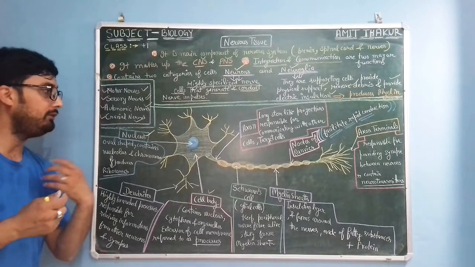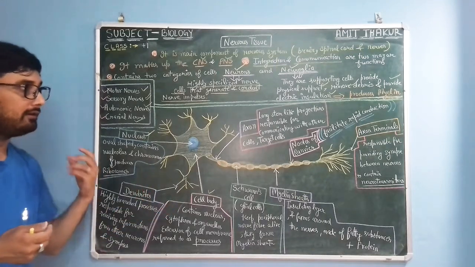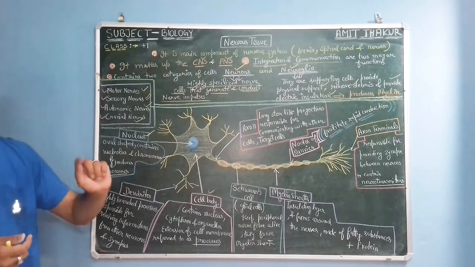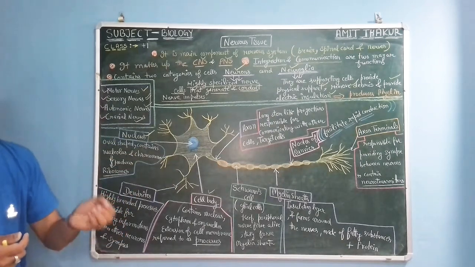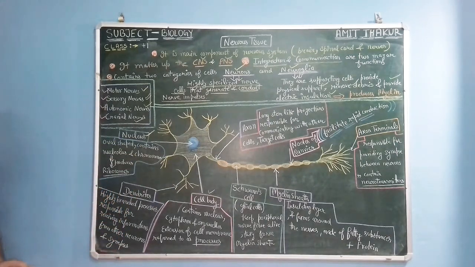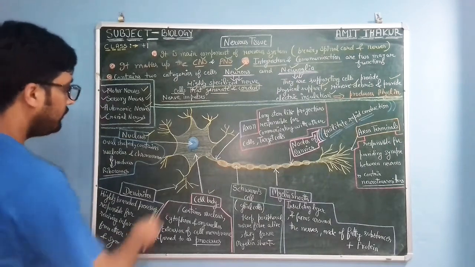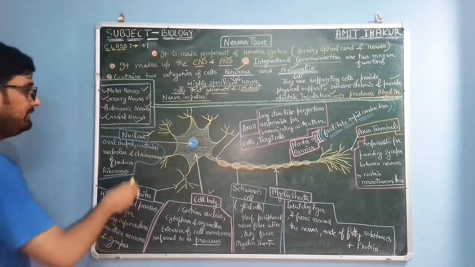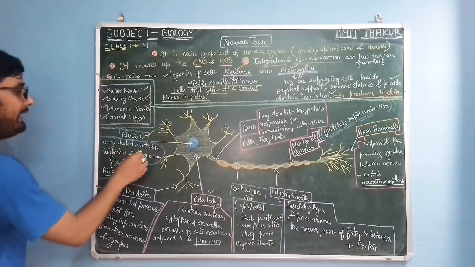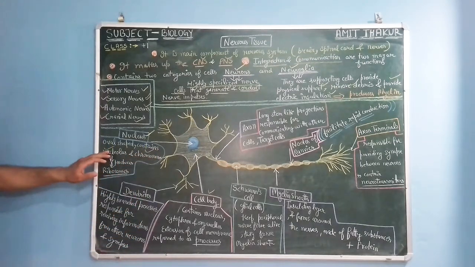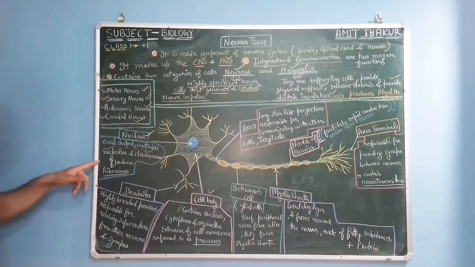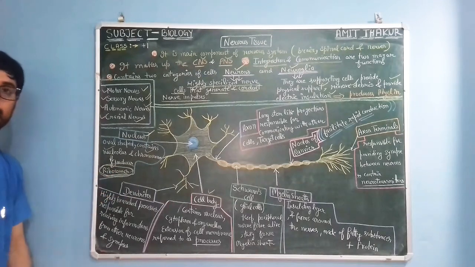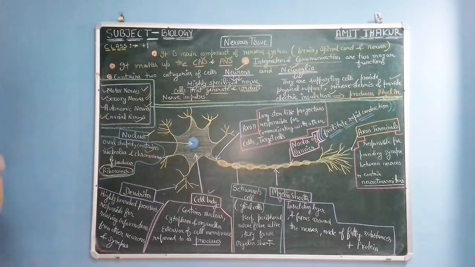So the term processes in the case of a neuron is used for extensions of the cell membrane, which are dendrites. The nucleus in the cell body is oval shaped. It contains a nucleolus and chromosomes. The nucleolus inside this nucleus produces ribosomes, the protein factories.